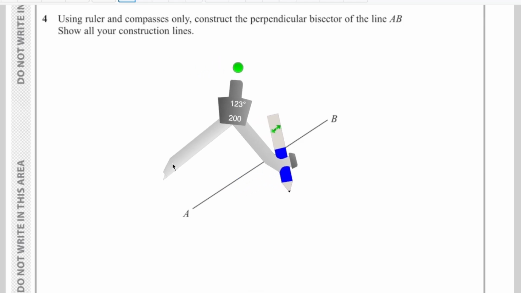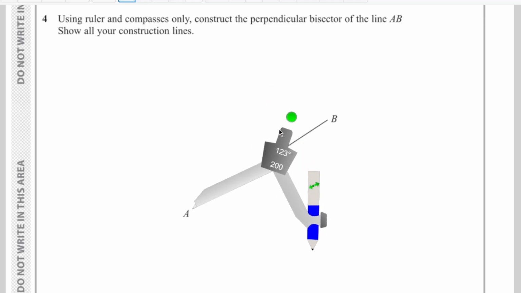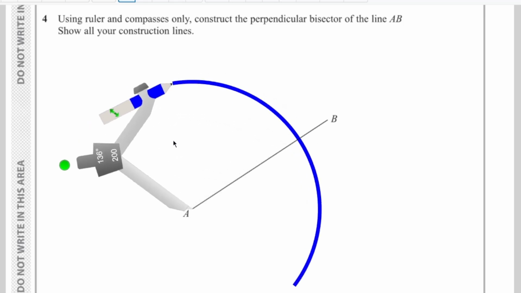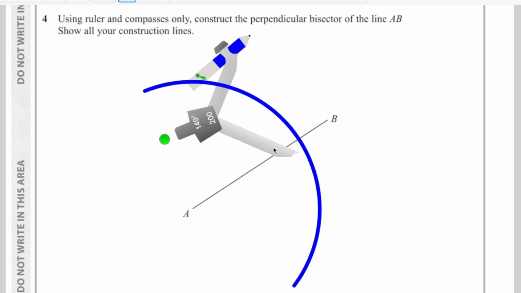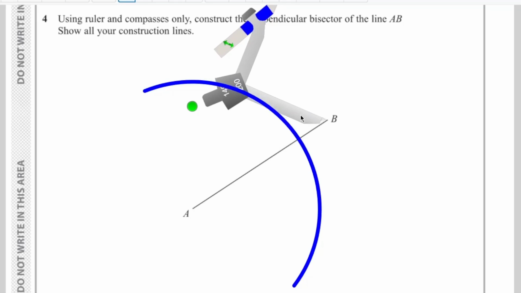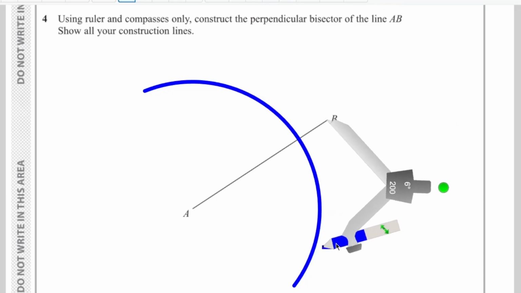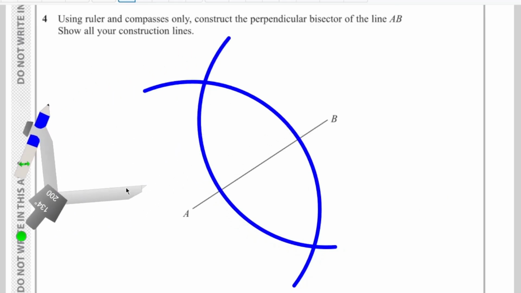After that, keep the needle point exactly on A and draw an arc like a half circle. After that, bring the needle point to point B and draw an arc which intersects the previous one. After that, we are done with the arcs.